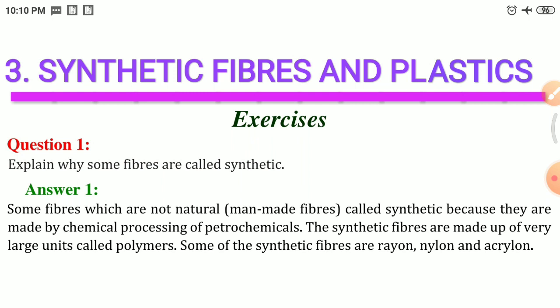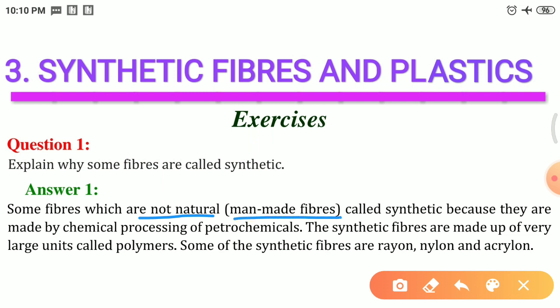So what we should write here: some fibers which are not natural, actually man-made, are called synthetic because they are made by chemical processing of petrochemicals. The synthetic fibers are made up of very large units called polymers. Some of the synthetic fibers are rayon, nylon and acrylic.